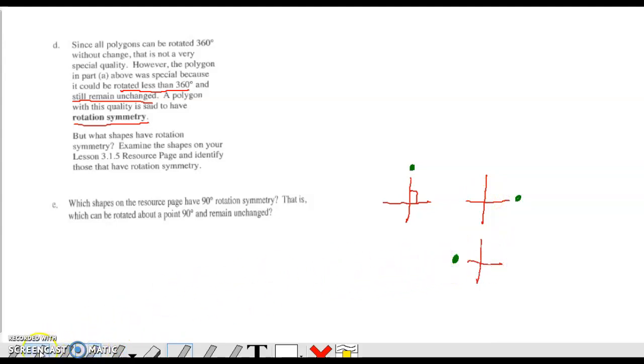One would be 90 degrees clockwise, and this would be 90 degrees counterclockwise. So it doesn't really matter which one. There's only two that we can see, and they are the circle and the square. All right, so the circle and the square.